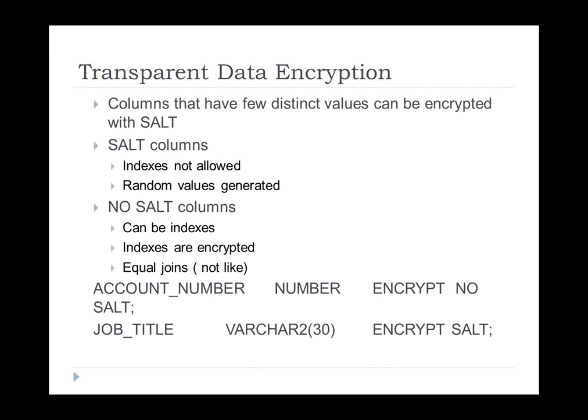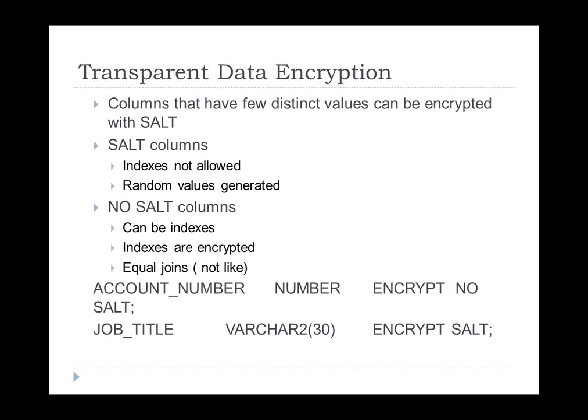Another thing that you can do for column encryption is use the salt and no salt options on the columns. This is useful when you have a column that has very few distinct values, like if you had sensitive information around your job titles or certain levels that they may have regarding a bonus structure or something like that.